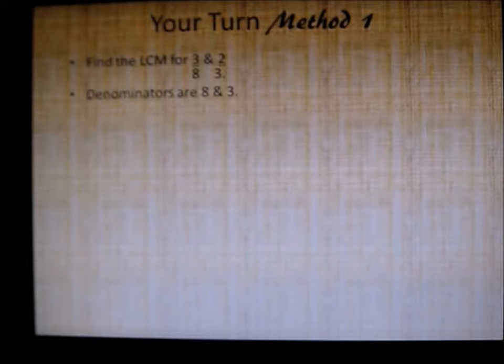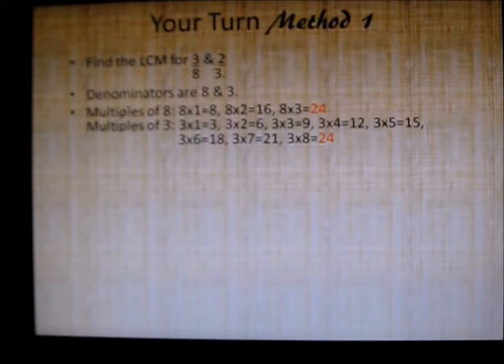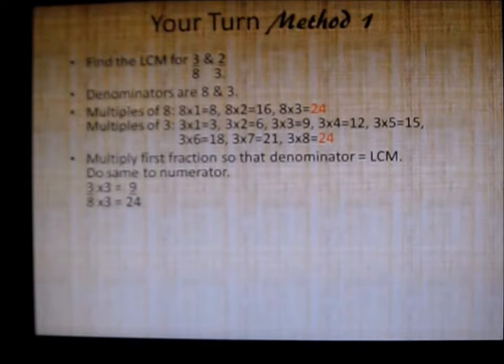The denominators are 8 and 3. The multiples of 8 and 3 are as follows. Multiply the first fraction so that the denominator equals the least common multiple.